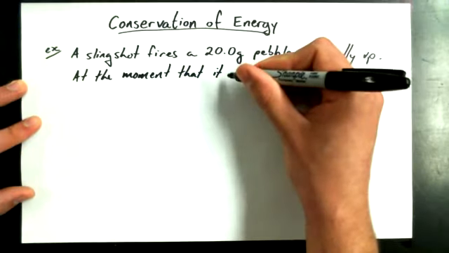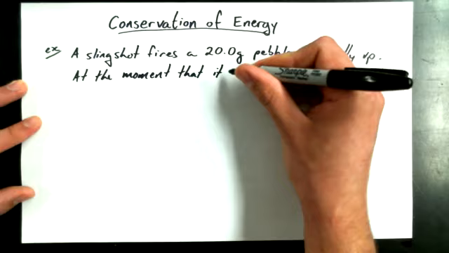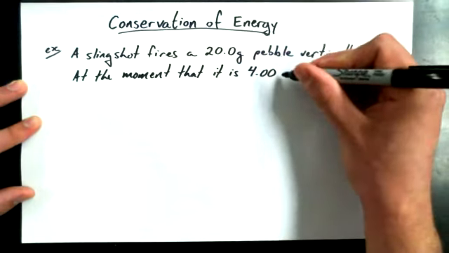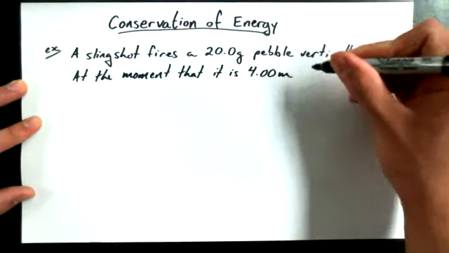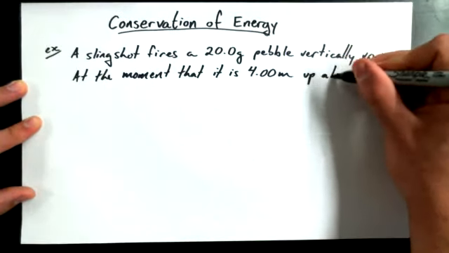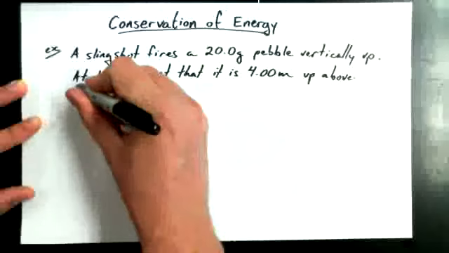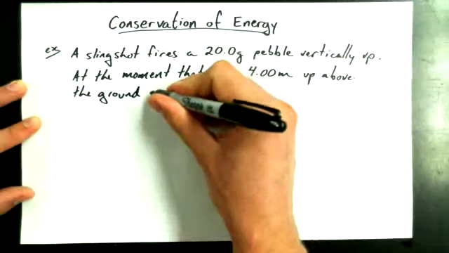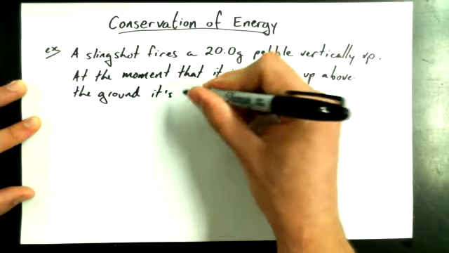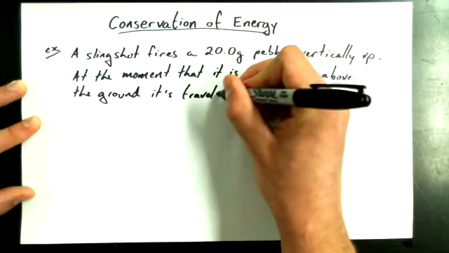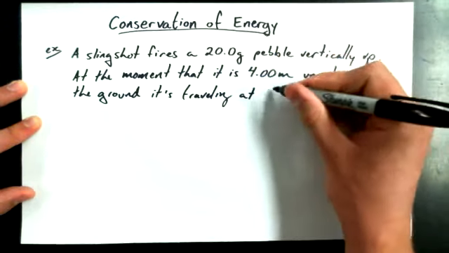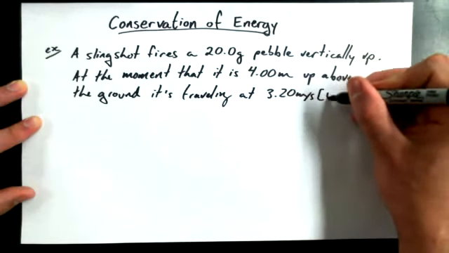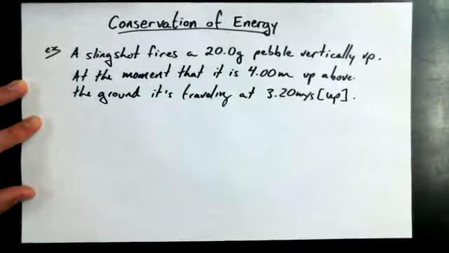At the time that it's at 4.00 meters up in the air, I want to talk about what's going on. It's traveling at 3.2 meters per second up. It's got an upward velocity.